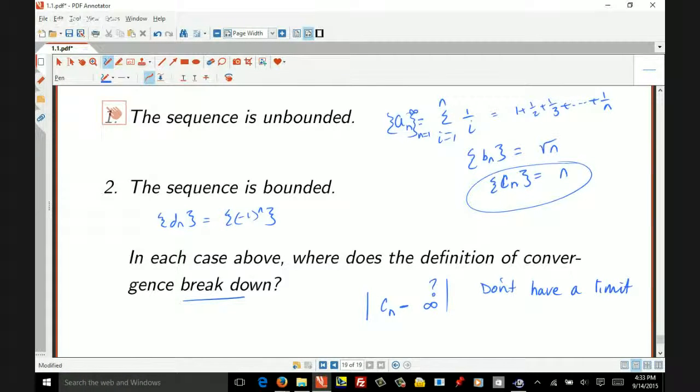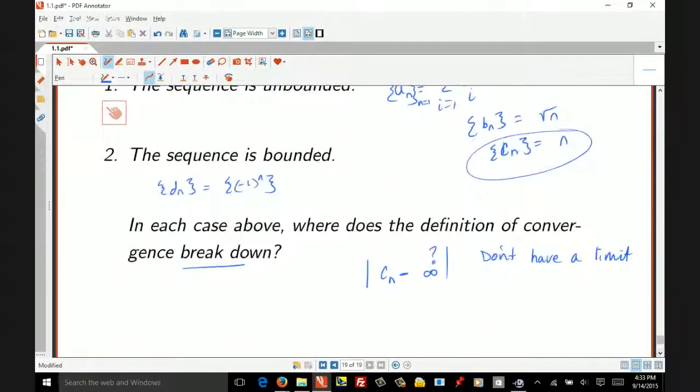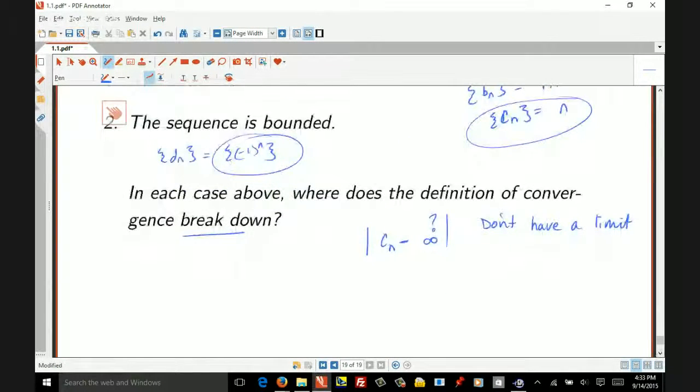Now, look in the second one. So suppose we're looking at this, minus 1 to the n. And suppose we thought the limit was 1. Then we're looking at the case where we're going to have d sub n minus 1, and we want that to be less than epsilon.